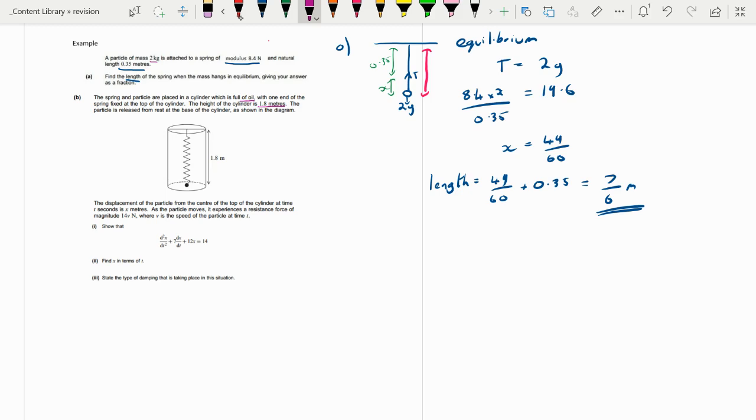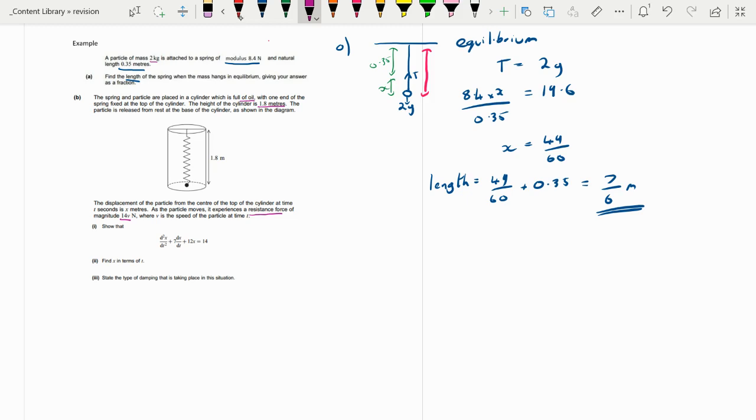It's going to bounce slowly backwards up. The displacement of the particle from the top of the cylinder at time t is x. As the particle moves, it experiences a resistance force of magnitude 14v, where v is the speed. Show that, and then this is my second derivative. So remember x double dot and x there, and x dot there.